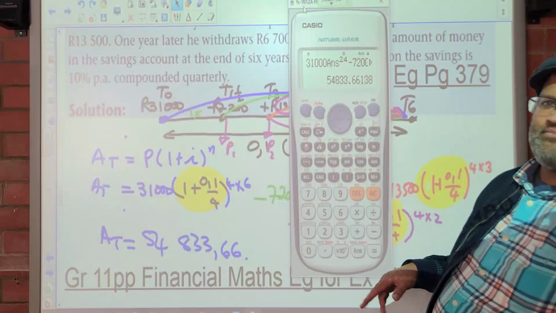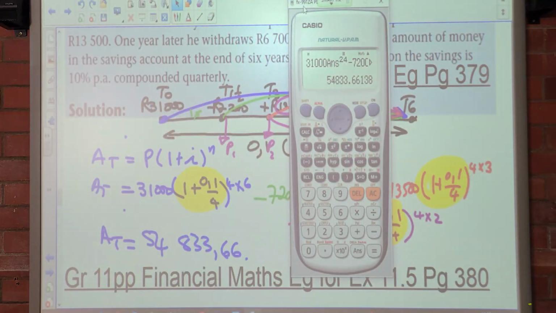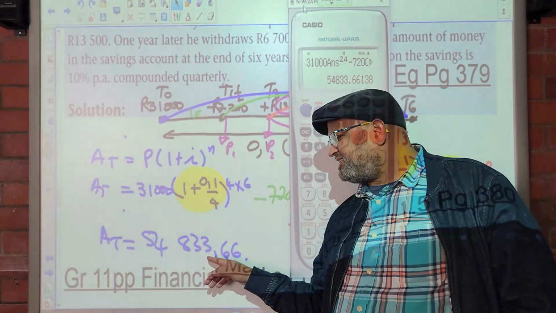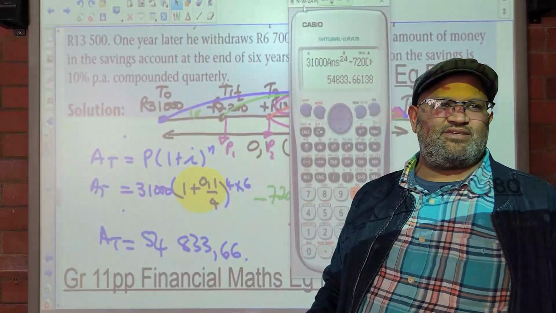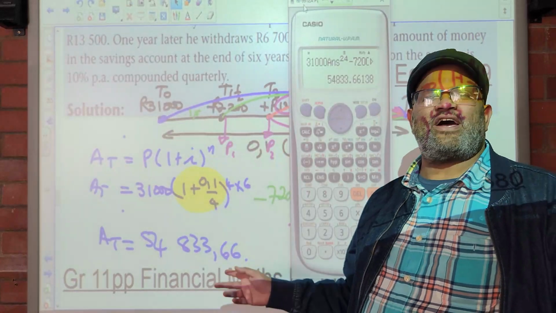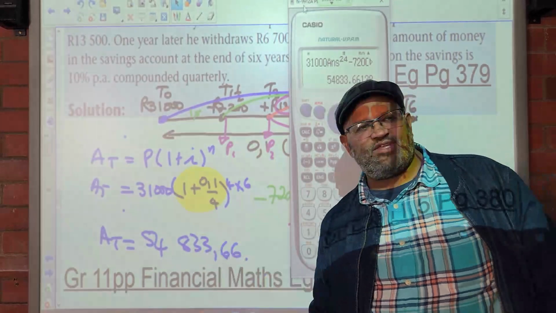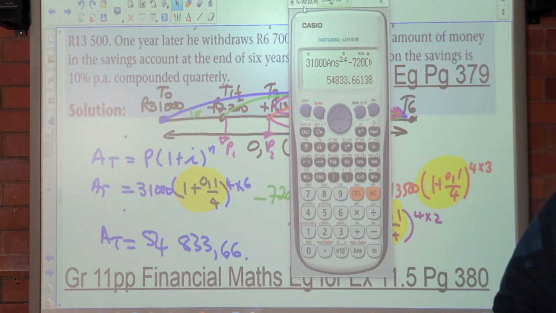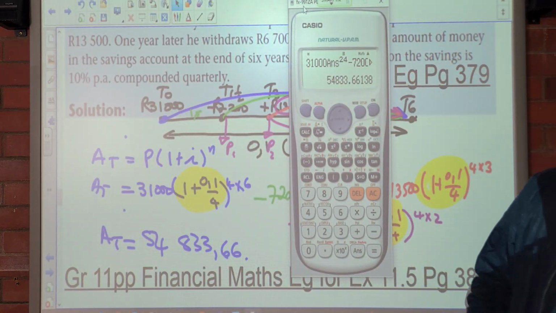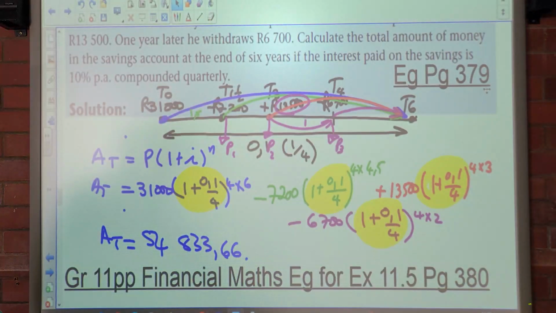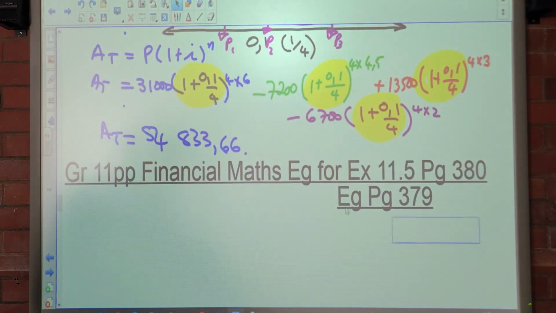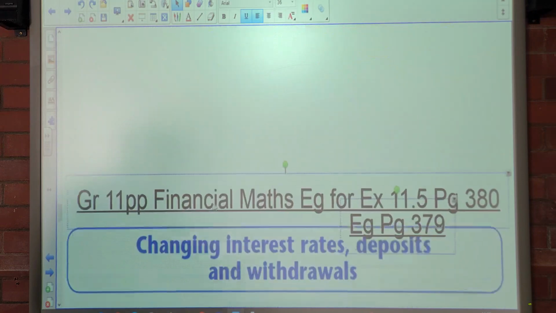But in the exam, we will accept that as full marks. Okay, you guys understand? So if you got maybe 54,833 rand and 70 cents, or 62 cents, or 75 cents, then we would have given you the mark anyway. So we give you leeway when it comes to your financial maths and the method you're using. Okay.